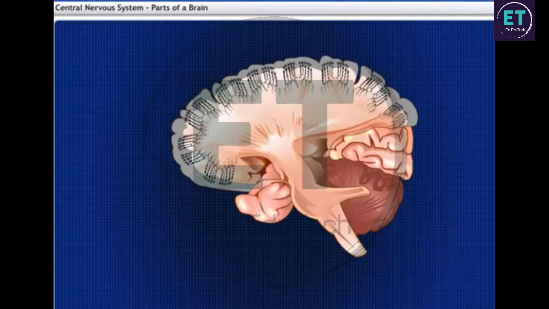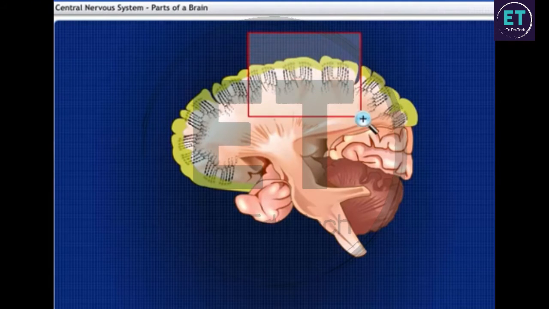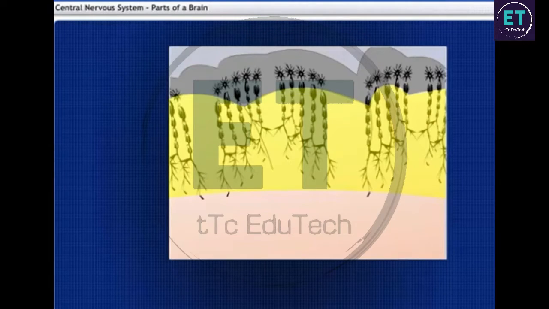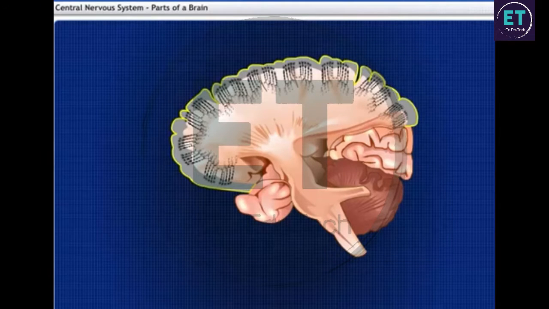All the neural connections are concentrated in the brain. The cell body of the neuron is concentrated towards the outer region of the brain and the axon towards the inner region. This forms the grooves that are associated with the degree of intelligence.